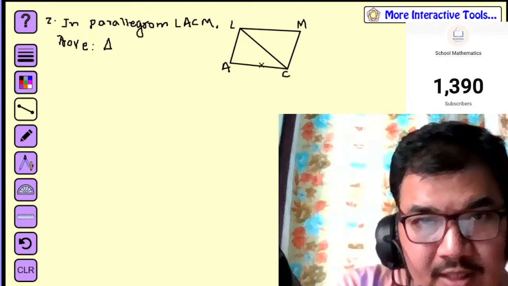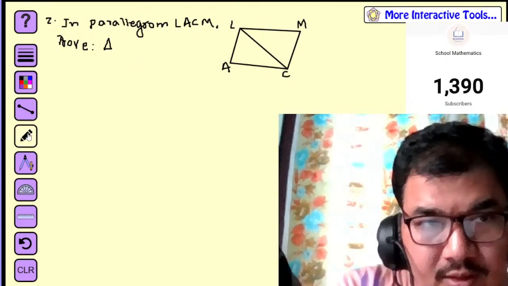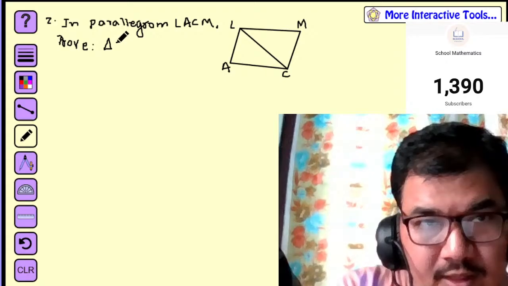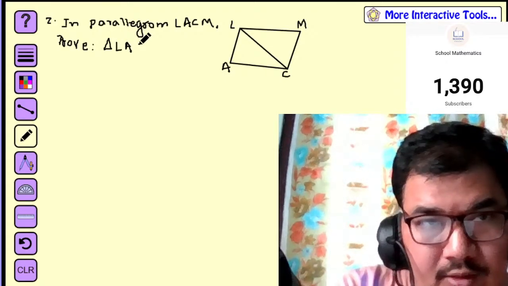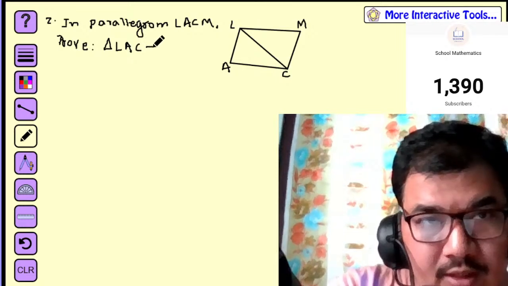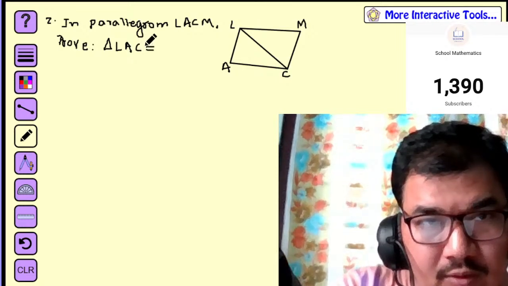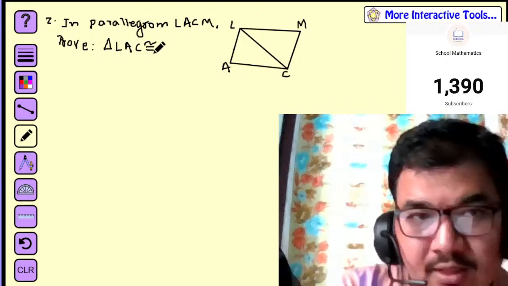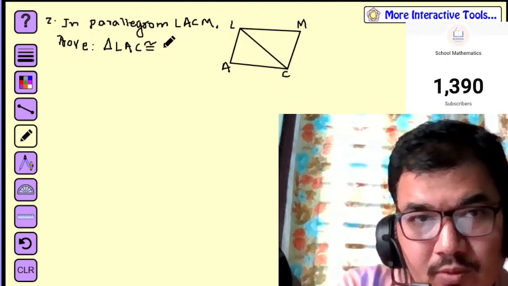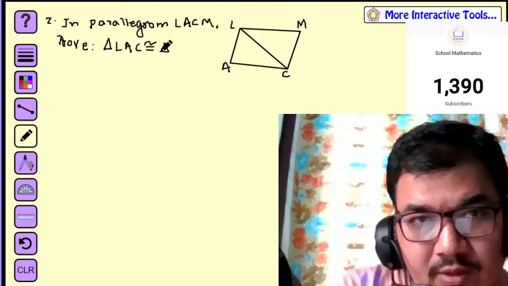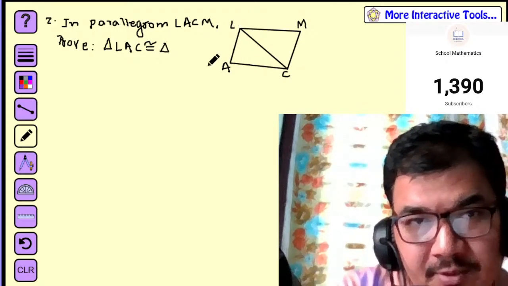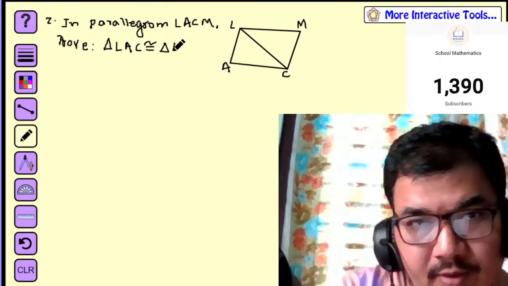How to prove this triangle congruent to triangle? This is the symbol of congruent. Triangle LAC is congruent to triangle LMC.